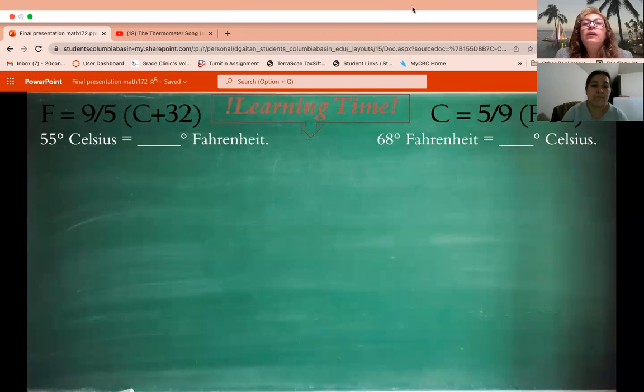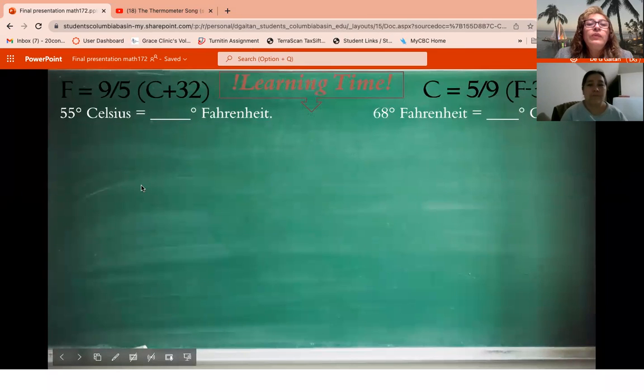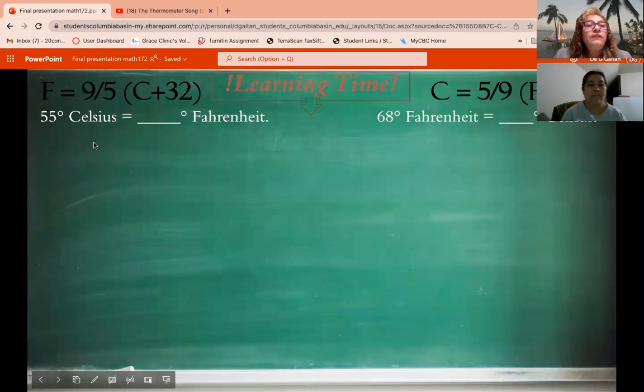So let's start working on our exercise. We're going to solve this one first: 55 degrees Celsius equals how many Fahrenheit? Well, let's see. Using this formula, we are going to solve it, okay?